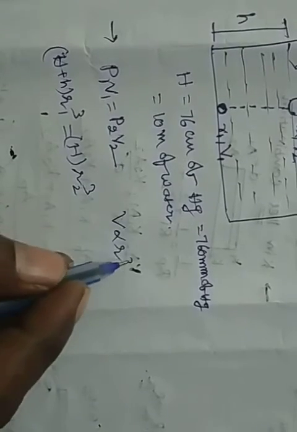Now from Boyle's law you can write P1 V1 equals P2 V2. So P1 is (H plus h) multiplied with V1, which is nothing but R1 cube. V2 is nothing but R2 cube. Volume is proportional to R cube. So (H plus h) R1 cube is equal to H multiplied with R2 cube.